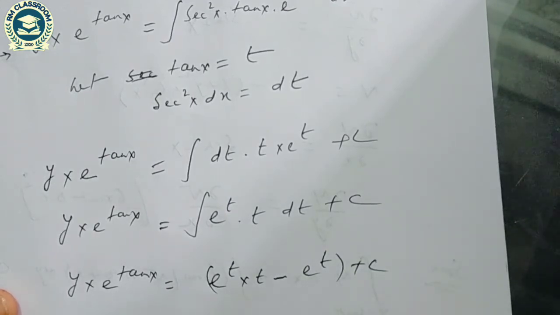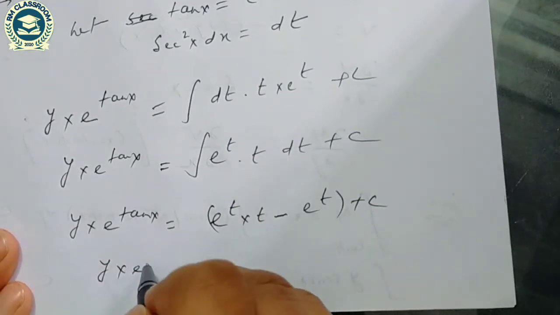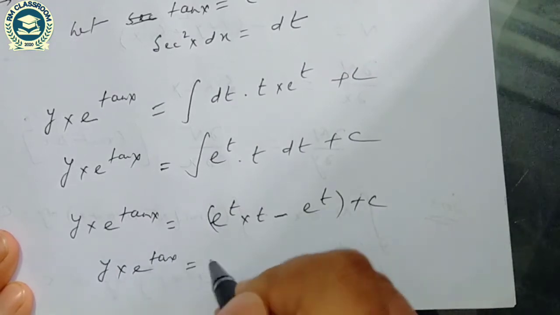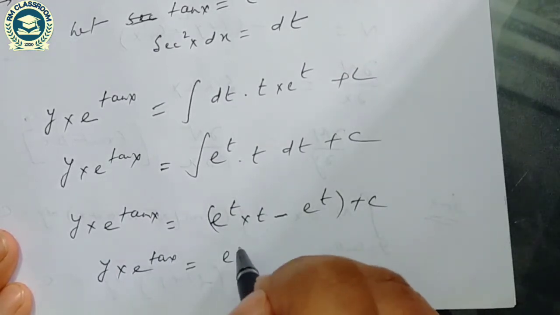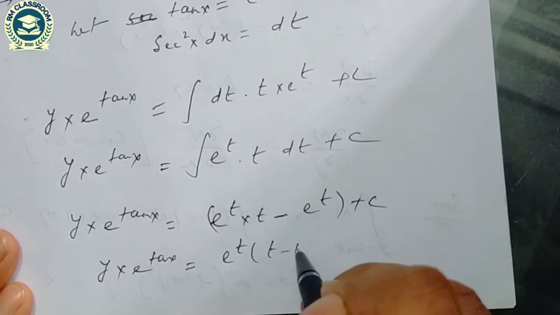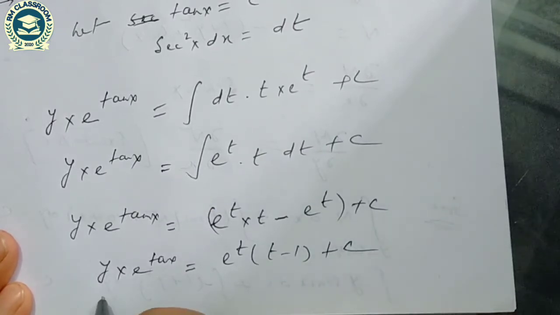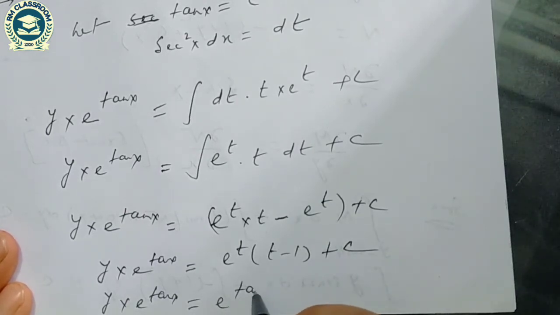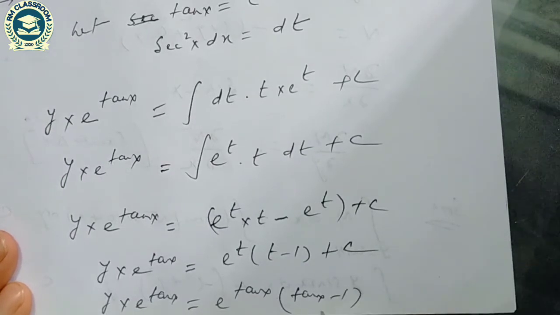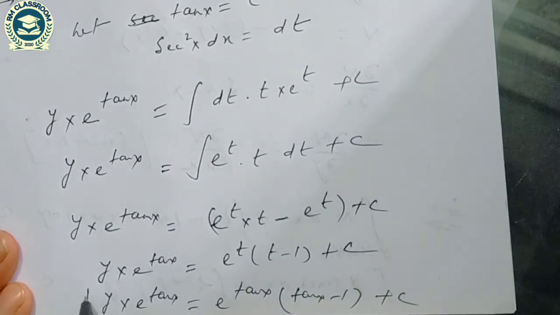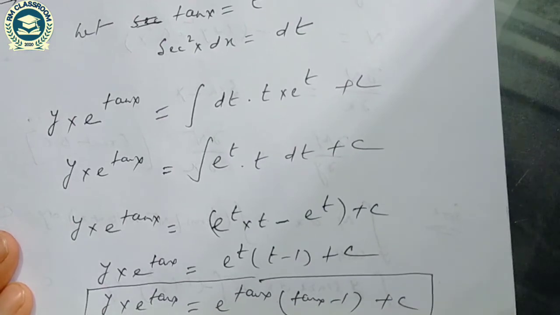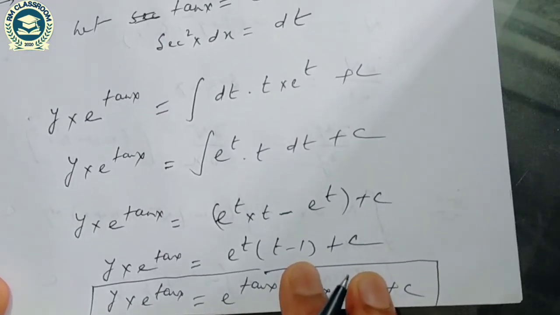So y times e to the power tan x is equal to e to the power t, if I take it common, times t minus 1, plus c. Now put the value of t: y times e to the power tan x is equal to e to the power tan x into tan x minus 1, plus c. So this is the solution of the given differential equation.